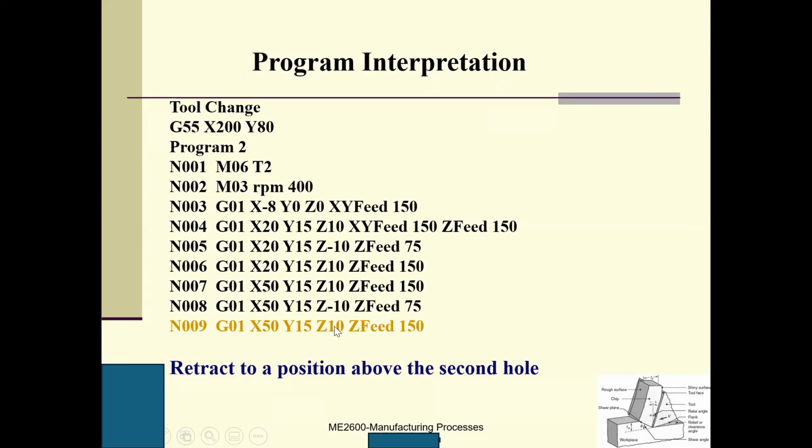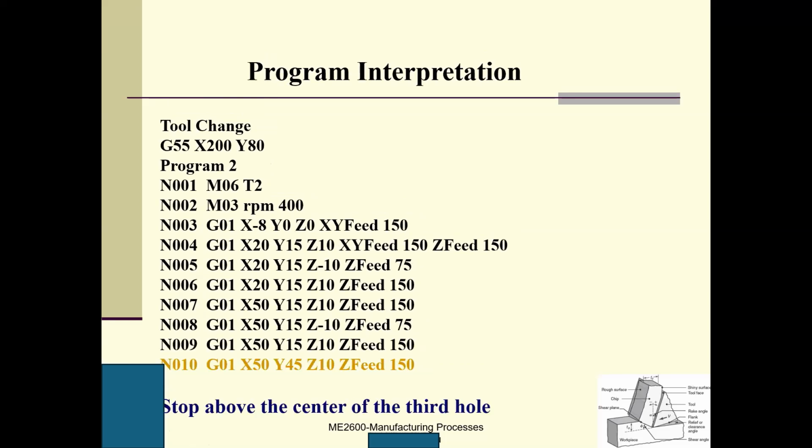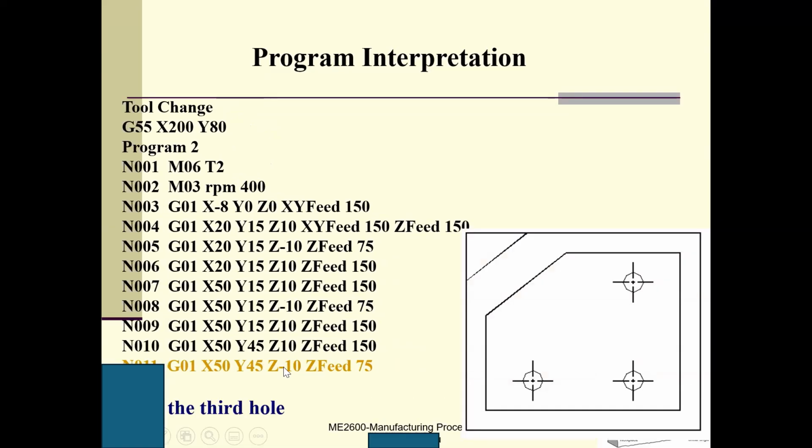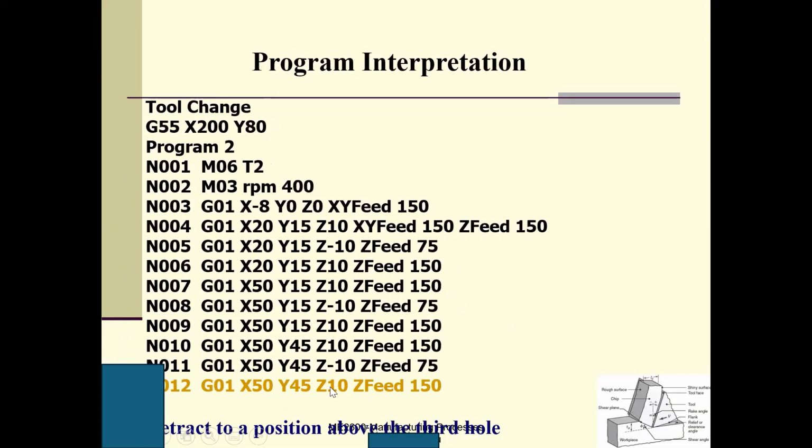Then we retract our drill bit, and we finish our second hole. Then go to the location of the third drill hole, which is Y equals 45. And go down in Z, then retract the drill bit. Up to here, we finish our third hole.